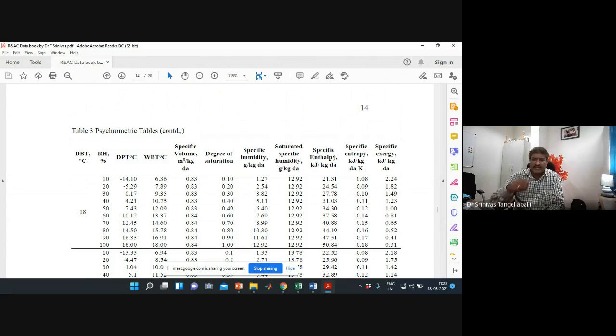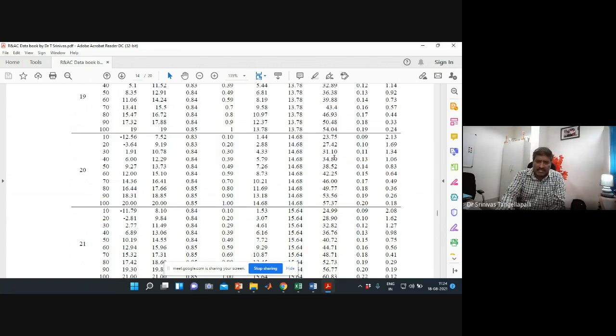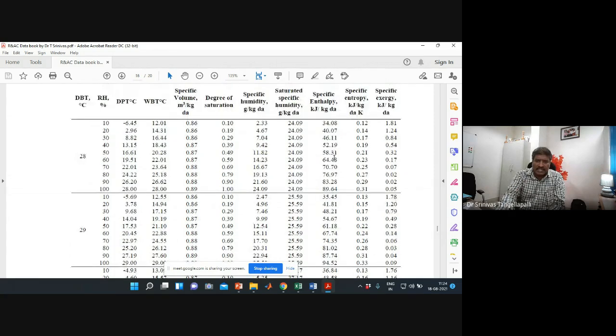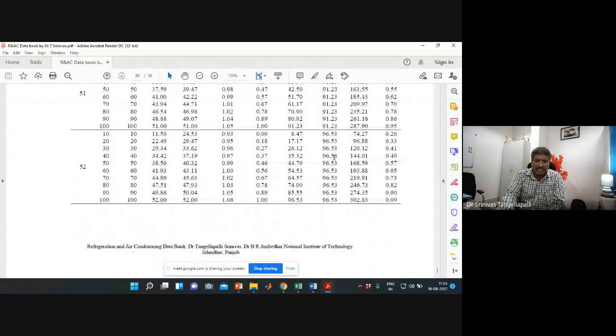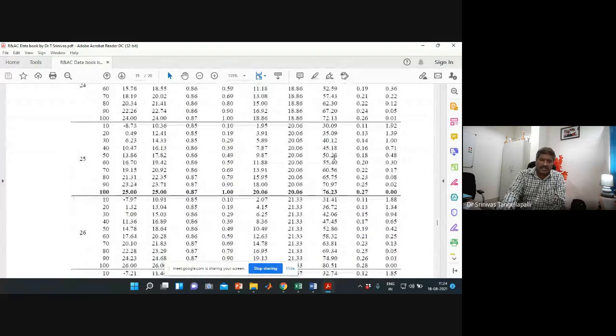So you can solve both the energy as well as exergy. Because the psychrometric chart won't give the entropy, I think so. It won't include the exergy values. So I included the entropy as well as exergy so that you can extend second law analysis for this type of polygeneration system. Okay.